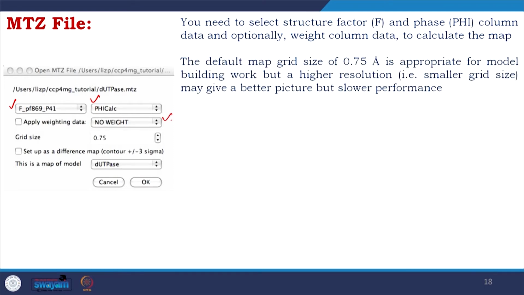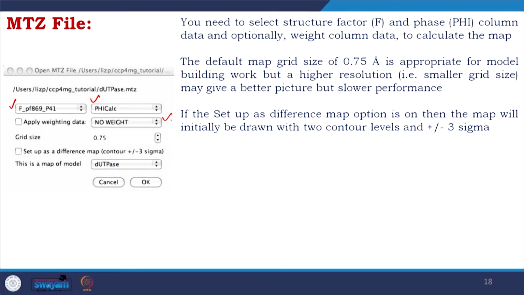The default map grid size of 0.75 angstrom is appropriate for model building work, but a higher resolution may give a better picture, but slower performance, because more high resolution means more calculation.